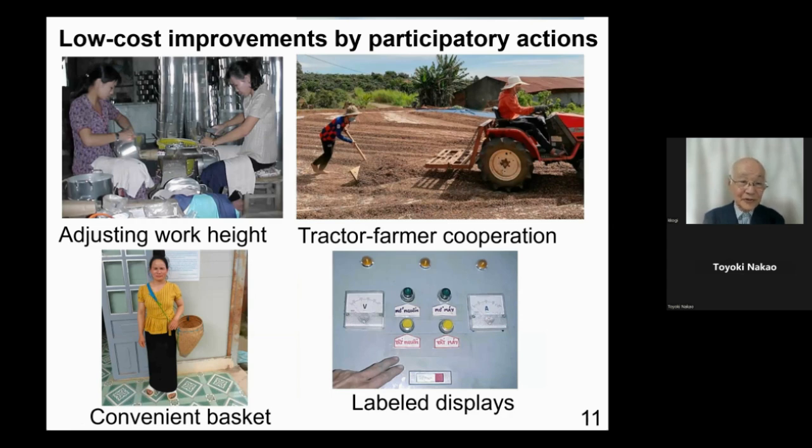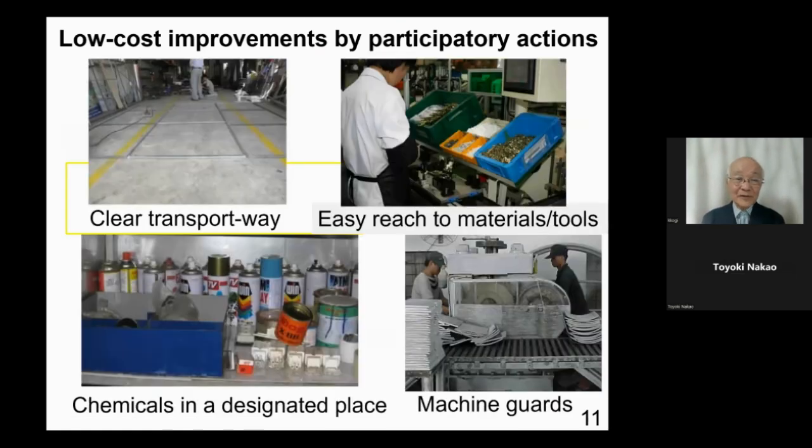As you note, adjusting work height can be done by low-cost improvements, or tractor-farmer cooperation can be achieved, or a convenient basket for safe materials handling, as well as workstation design improvements like labeled displays. Other examples are also shown by photos in this slide.